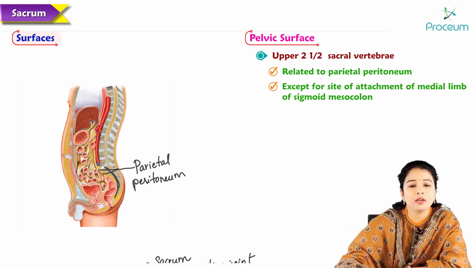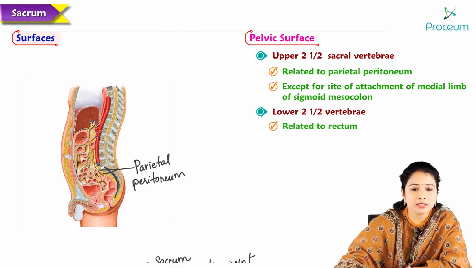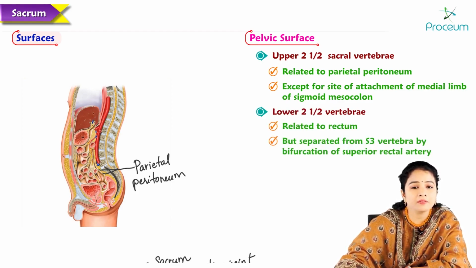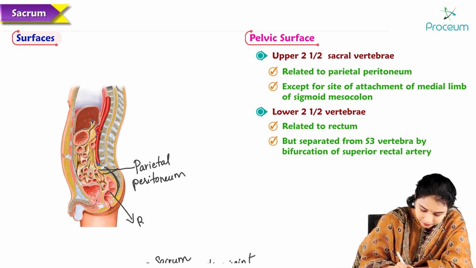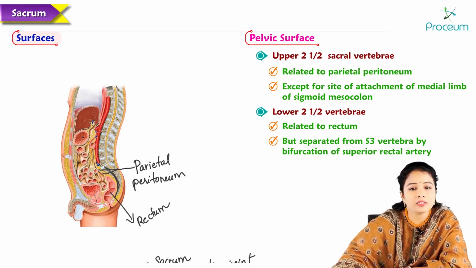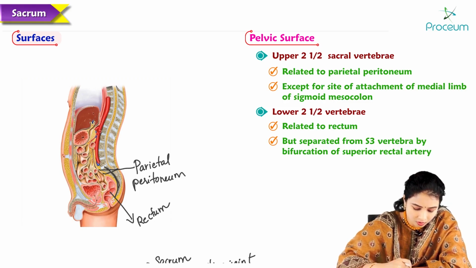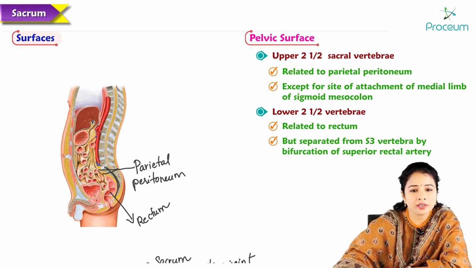And the lower 2.5 vertebrae are related to the rectum, but separated from S3 vertebra by the bifurcation of the superior rectal arteries. So on each side the bifurcation of the superior rectal arteries separates the S3 vertebra from the rectum.